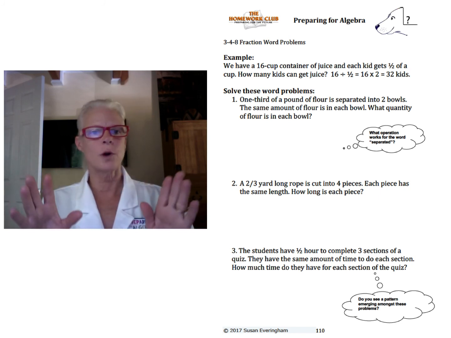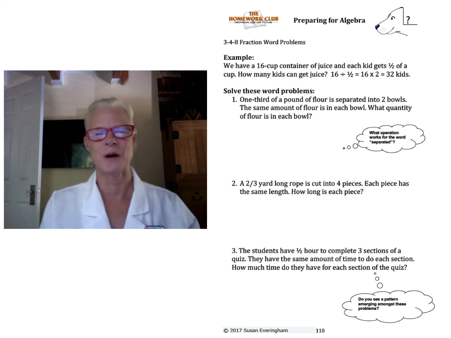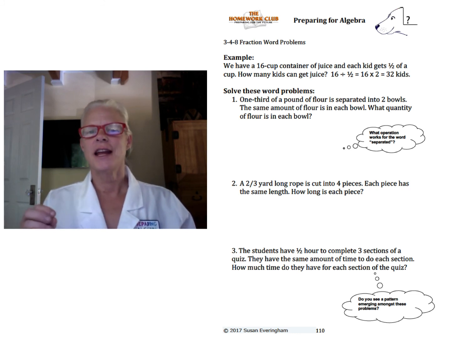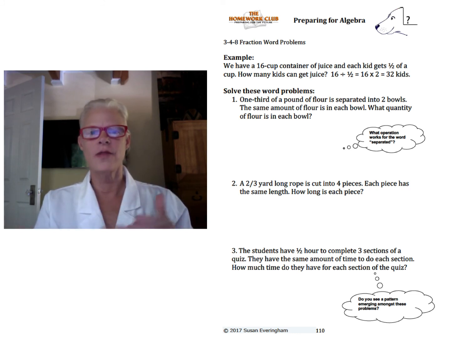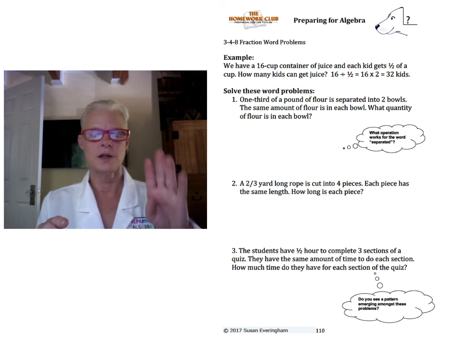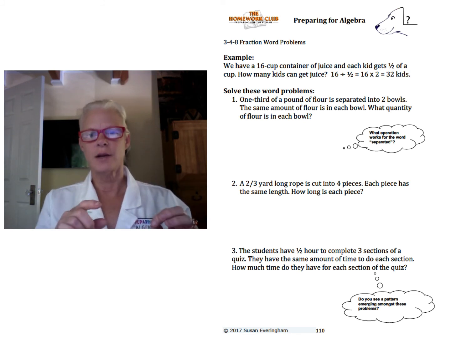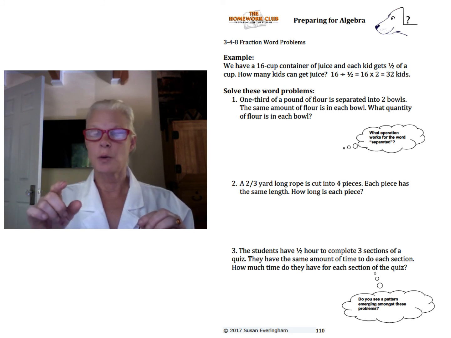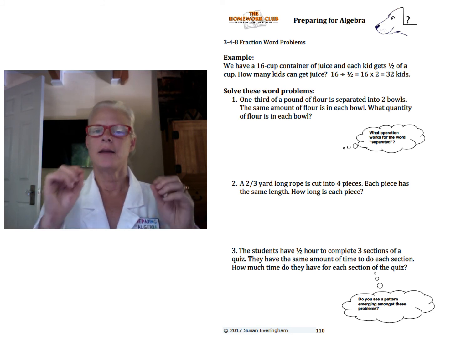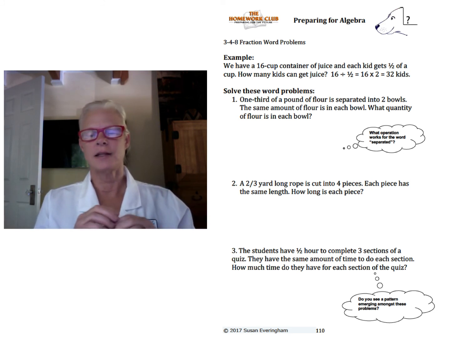Now the first word problem to solve is the same. So we've got 1/3 flour that is separated, so divided, into 2 bowls. So you've got 1/3 divided by 2, and then we multiply, being that it's a division problem for fractions.